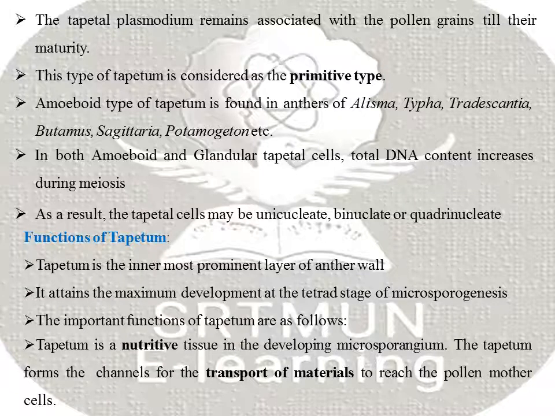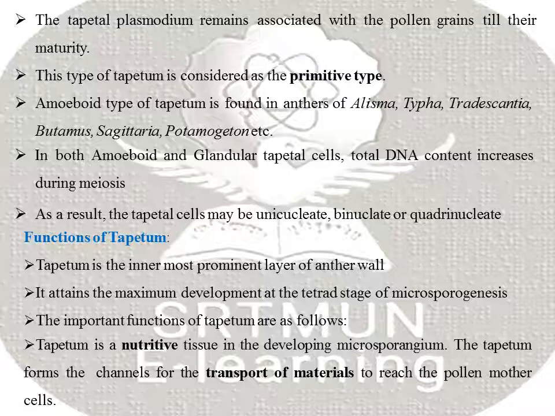Plasmodium remains associated with the pollen grain till maturity. This type of tapetum is considered the primitive type.